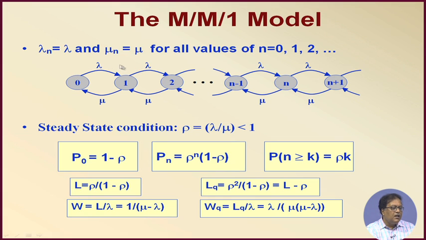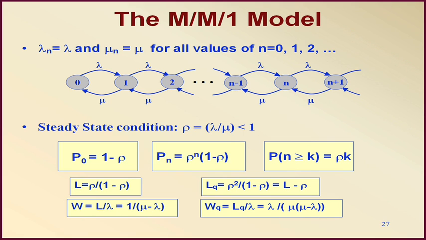With every arrival, at rate lambda, the state changes up by one, and when a person is serviced, the state goes down by one. Now, this service rate will always be mu, because it is a single server system. In higher order systems, there will be 2 mu, 3 mu or something like this, depending on the situation.